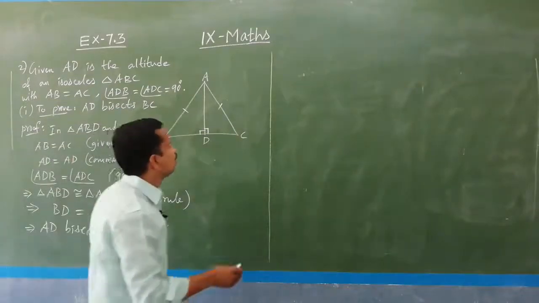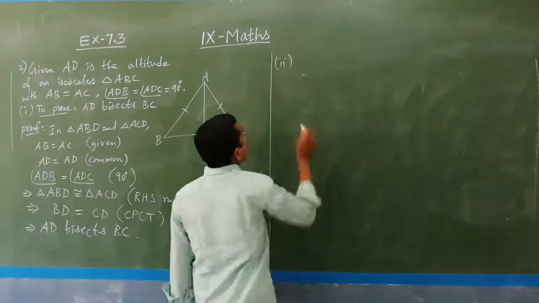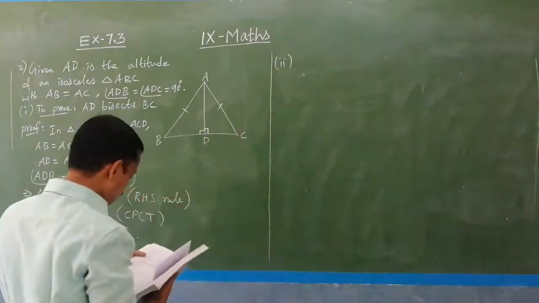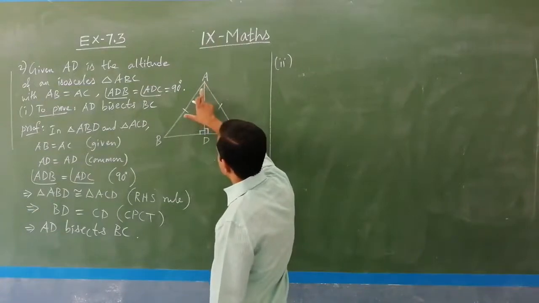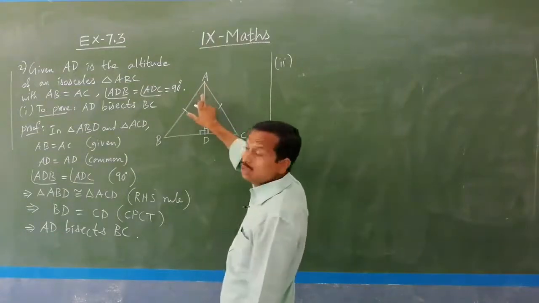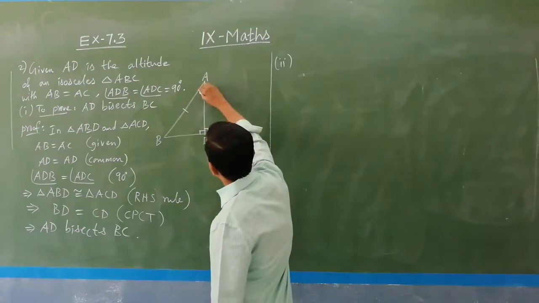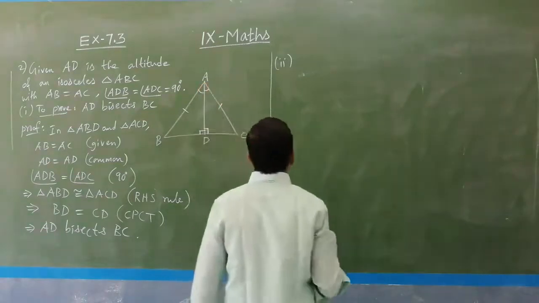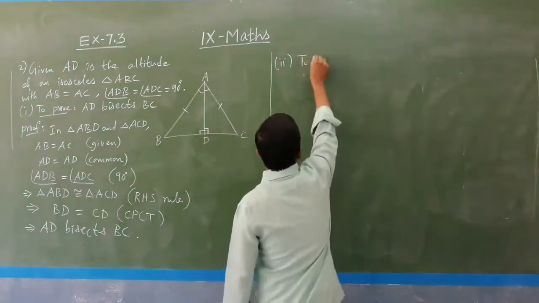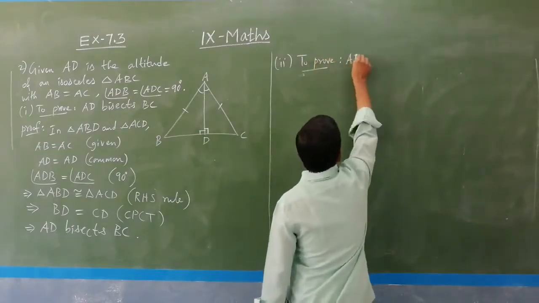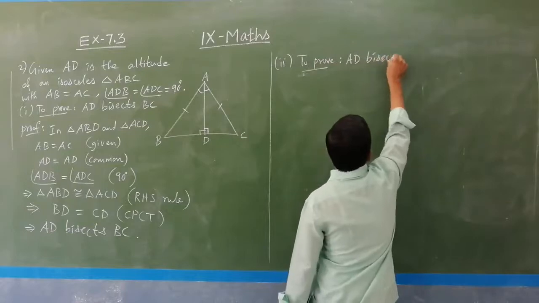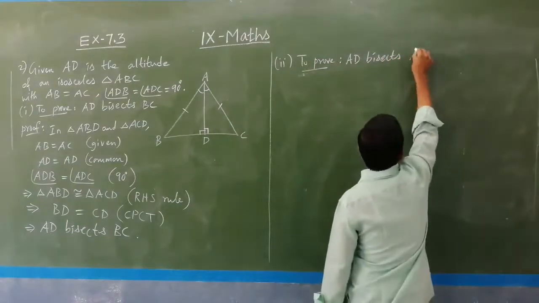And now option 2. So, you have to say AD bisects angle A. AD bisects angle A means you have to say these two angles are equal. Clear?